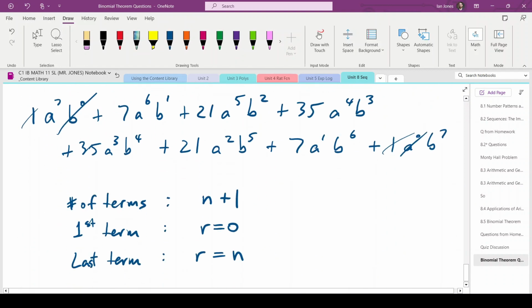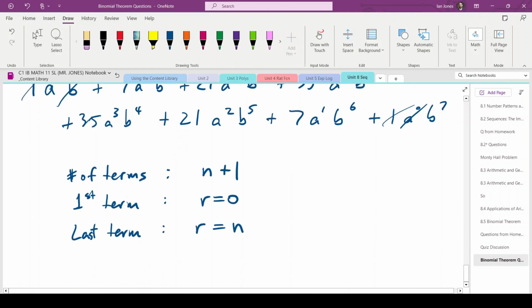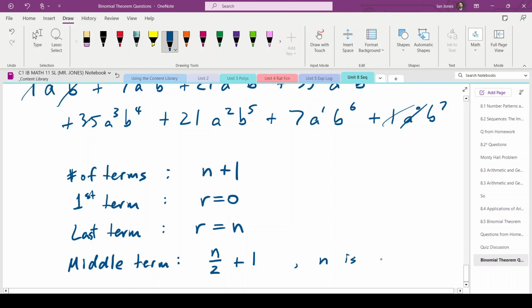Now, if we're in the situation where we have a middle term, that middle term is going to be n divided by 2 plus 1, where n has to be even. Why does n have to be even?